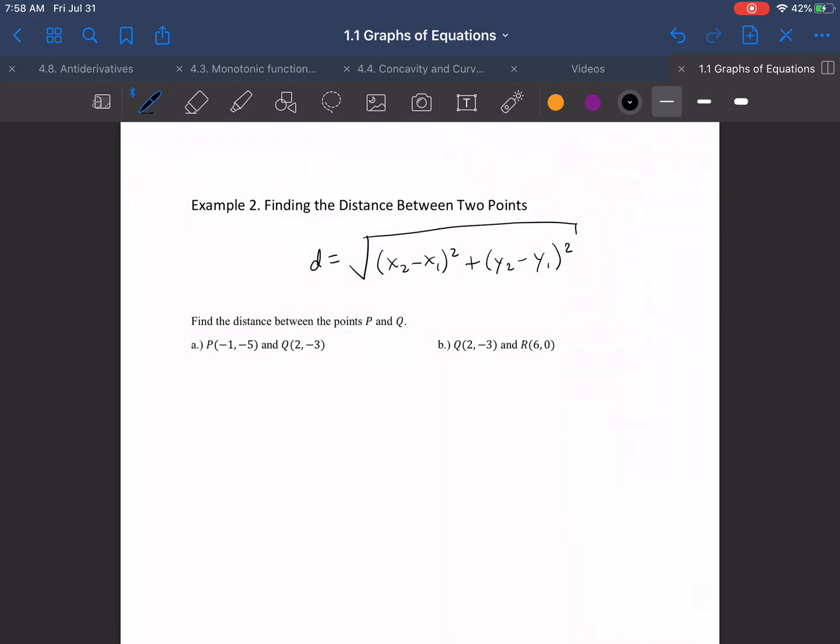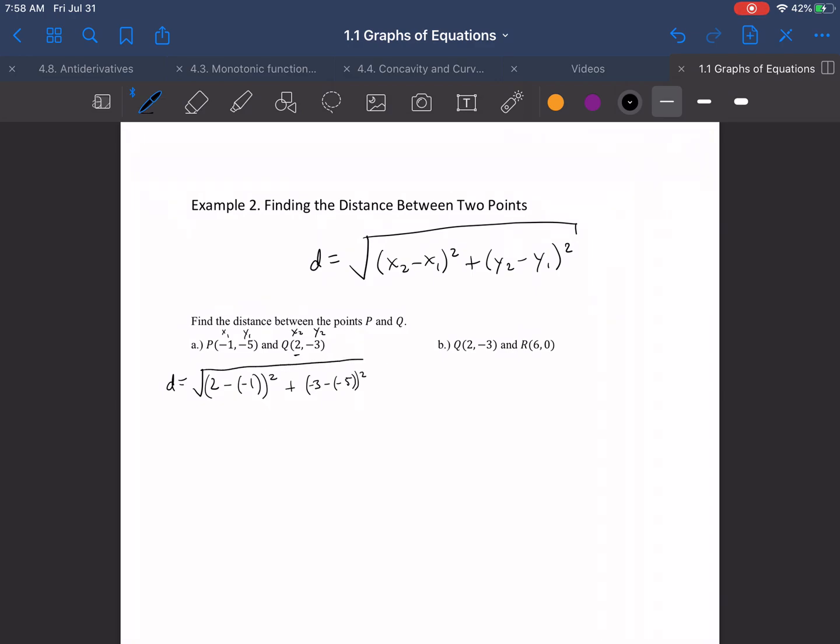I'll do A, and then I'm going to leave B for you to try. So distance is equal to the square root of x2. This is x2, right? So 2 minus x1, this is x1, minus negative 1, squared, plus y2, which is negative 3, minus y1, which is negative 5.